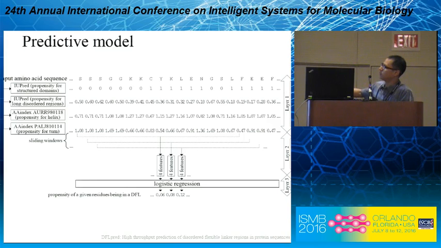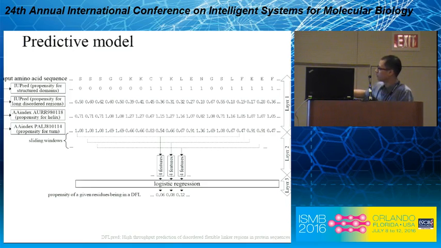By using the four numeric properties, we generate four features by using a window centered on each residue to be predicted. The four features are fed into a logistic regression model to output the score for each residue to be a DFL.